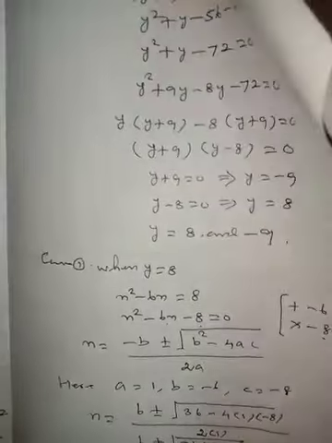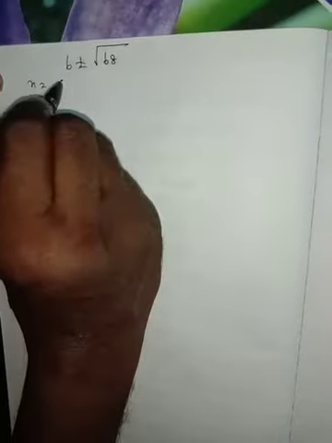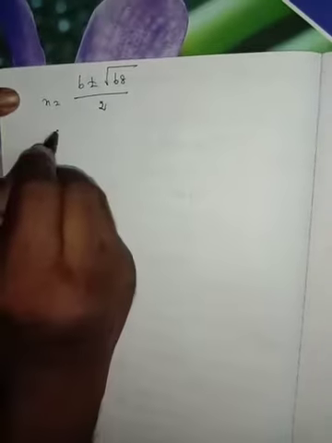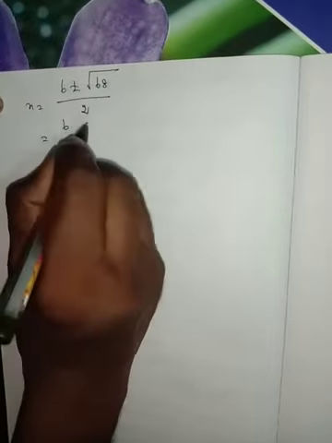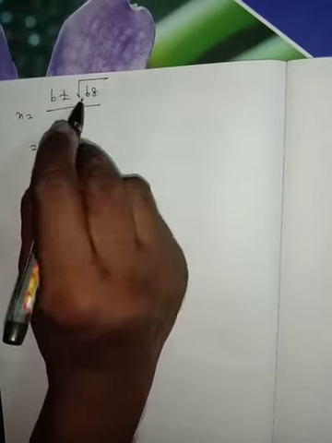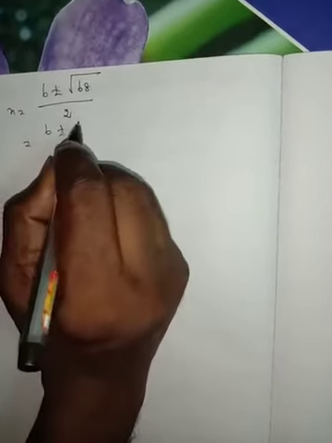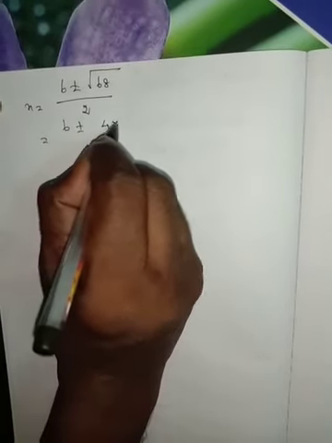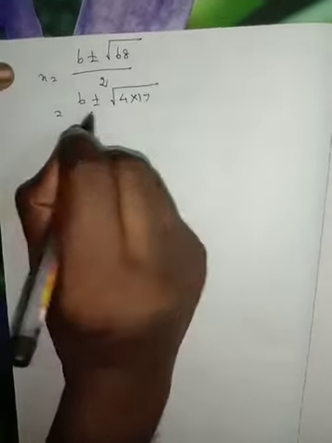Now 6 plus or minus root of 68 divided by 2. This means 6 plus or minus root of 68, 17 fours are 68. Therefore 4 into 17 divided by 2.